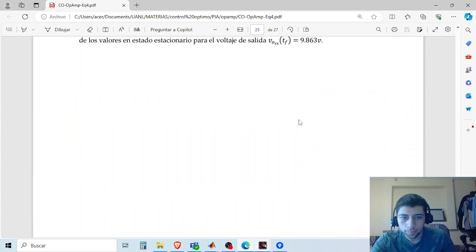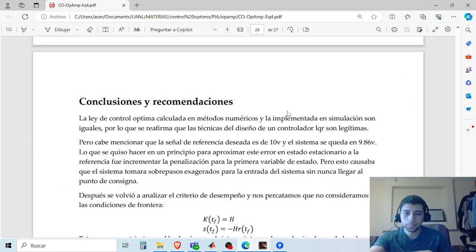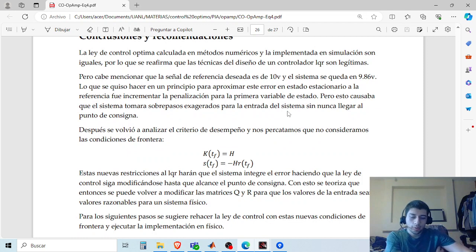So what should we do in order to meet the 10 volts? So remember that we were not considering the H matrix. So if we do consider the H matrix in our cost function and follow the following recommendations, that the K matrix should be with the final values of H, and the same for the S matrix, but would be the minus H multiplied by the reference value at the final time.